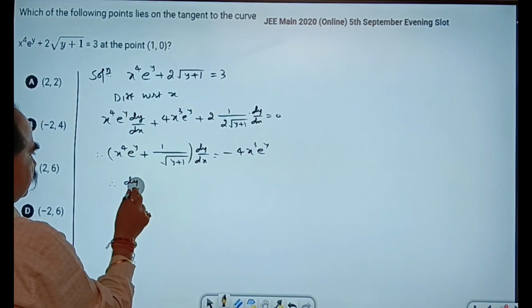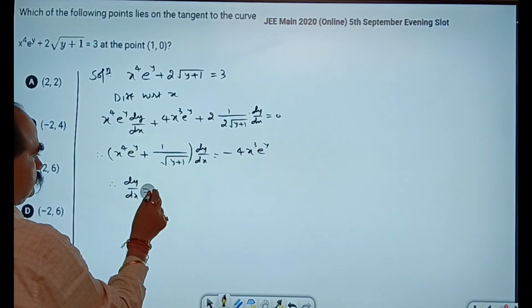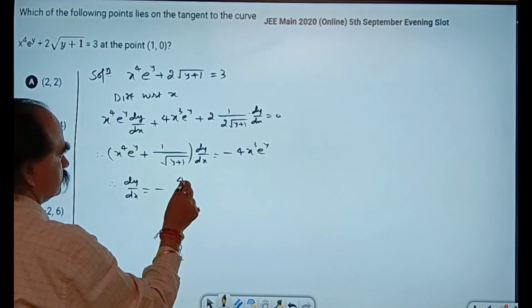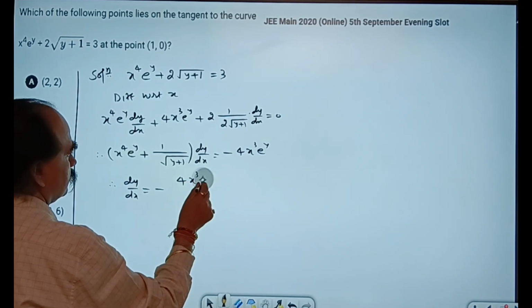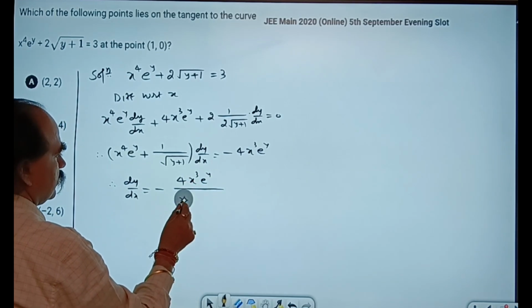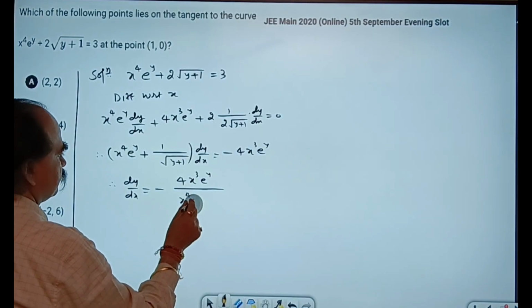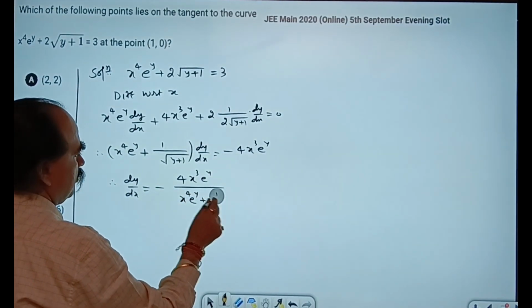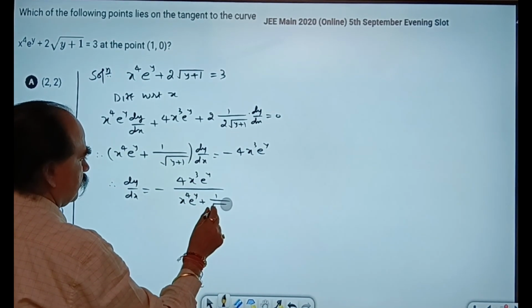So dy by dx is minus 4x cube e raised to y upon x raised to 4 e raised to y plus 1 upon root y plus 1.